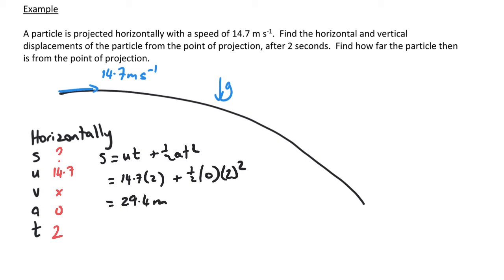We could have, I suppose, whenever the acceleration is 0, used s equals vt, which is really our s equals ut part, but the at squared cancels out.